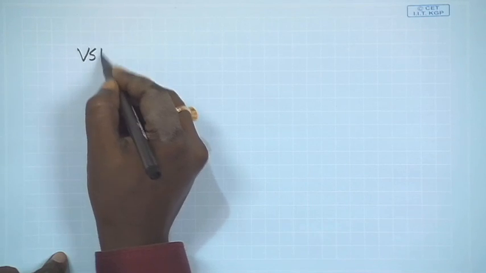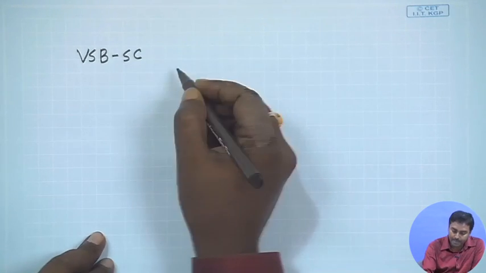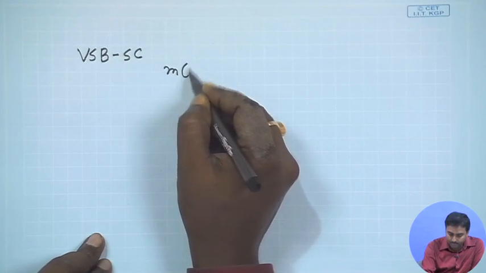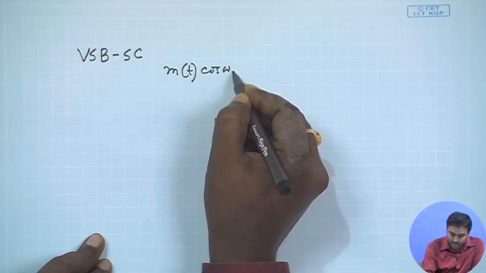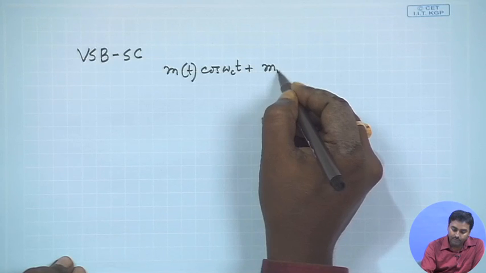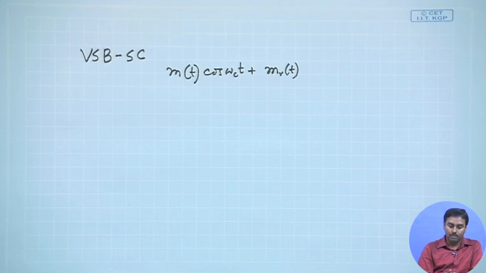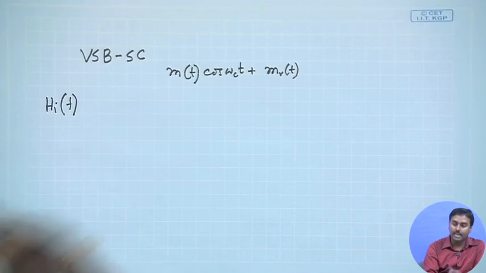For VSB-SC again, we are just trying to summarize. It should be m(t) cos omega c t, okay, plus some m_v(t). This is actually that filter we were talking about, right. For VSB-SC, if you remember, we generate a DSB signal, then pass it through a band pass filter, which is characterized by the transfer function H(f).